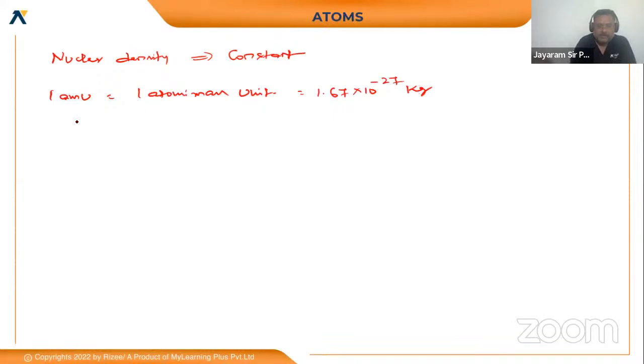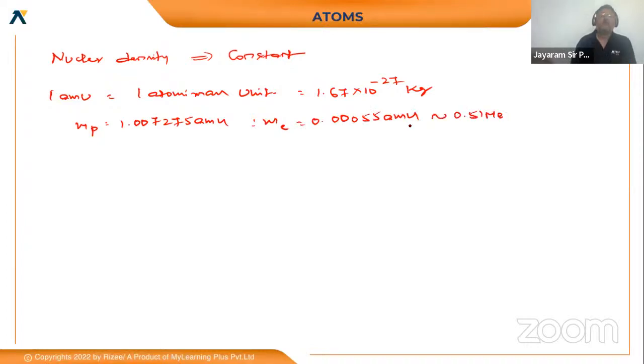Right? In the same case, the mass of the proton is 1.007275 AMU. Similarly, the mass of the electron is 0.00055 AMU, which is almost equal to 0.51 million electron volts.